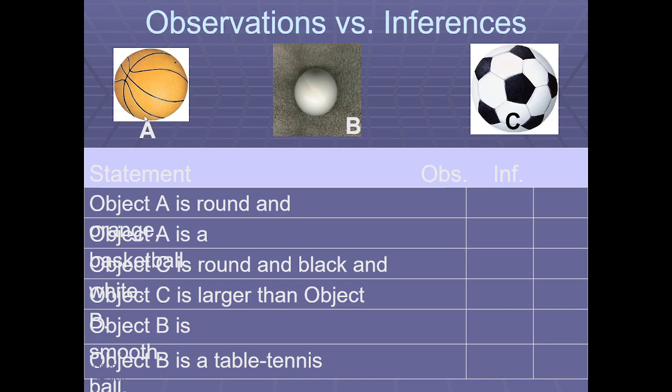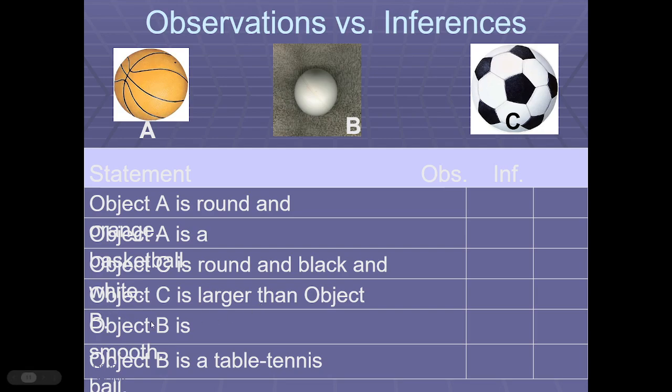You can see that object A, which is a ball, is round and it is the color orange, so that would be an observation. Object A is a basketball. You could see that it's a basketball, so that would also be an observation. Object C is round and black and white. Object C is a soccer ball, which you can see with the black and white. And so that would be an observation.